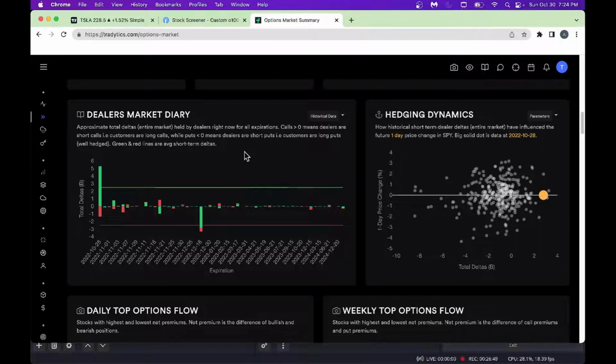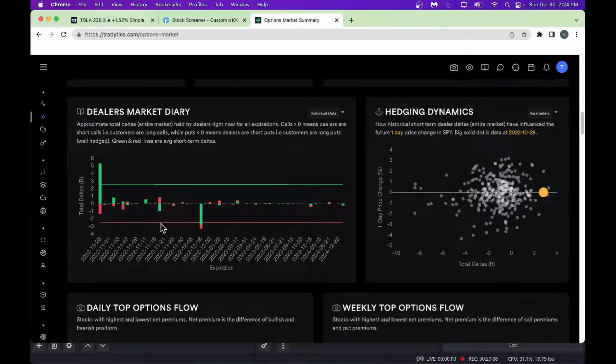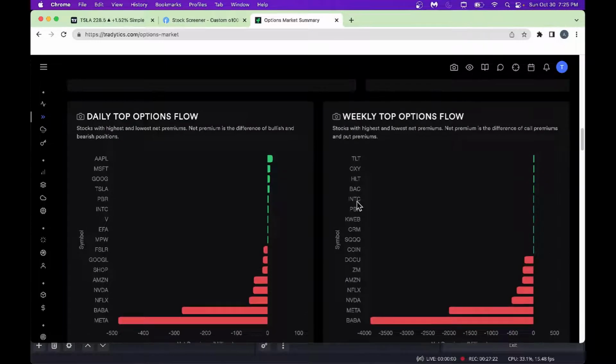So that way, if you buy at the money call option 50 delta, they will end up buying 50 of the underlying, quantity 50, and then hedge it on an ongoing basis using gamma. So this tells you the dealer's market diary and what's going on here, how is the delta on a daily basis. Right now, as you can see here, we are delta positive. We got here really getting positive, as you can see here. And then we got various things going on here.